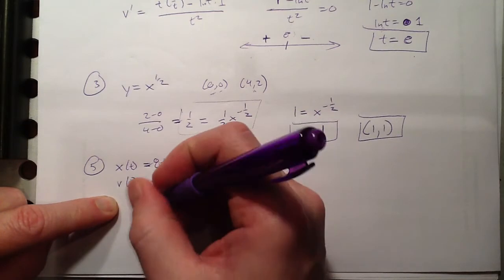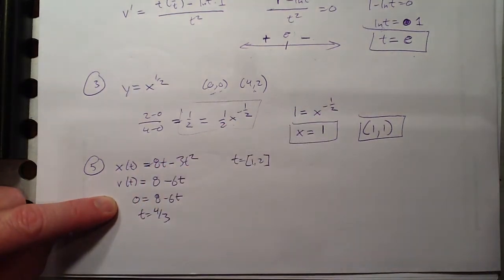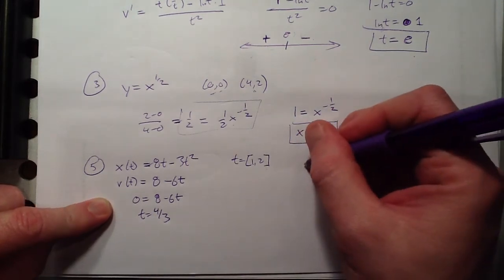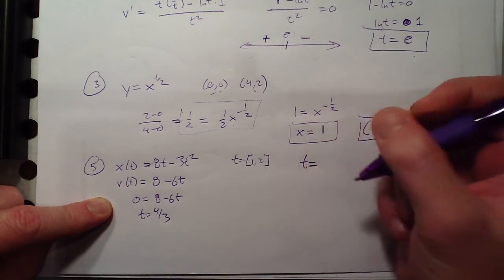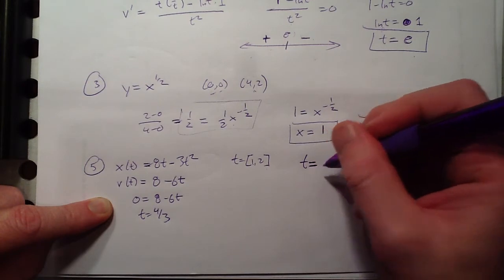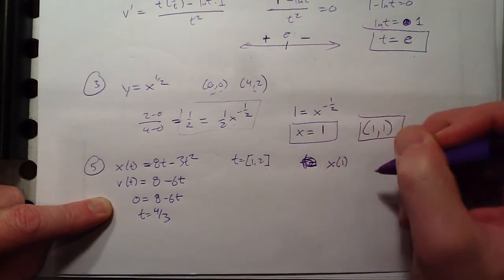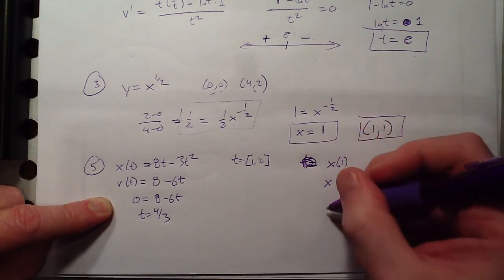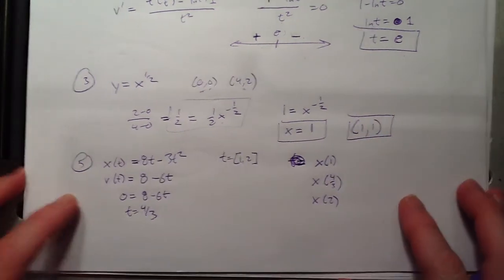In other words, there's a turnaround point at t equals 4/3. Sure enough, that's in between these. So what I need to do, this is just like your homework, just like your video notes from section 5.8. I need to find the position at 1, the position at 4/3, because it's turning around there, and the position at 3, and find the total distance.